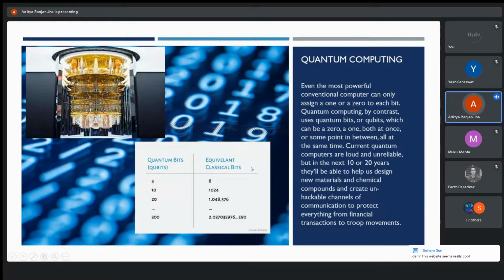So each qubit grows exponentially into classical bits, and till now, I think I read that we have a quantum computer of size 50 qubits, and in fact, you can try some quantum computers. IBM has a website for that. I don't exactly remember, but I'll find and post the link.